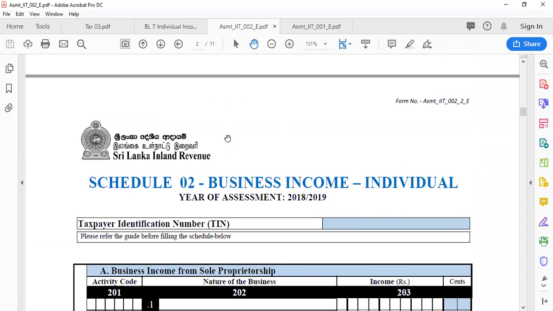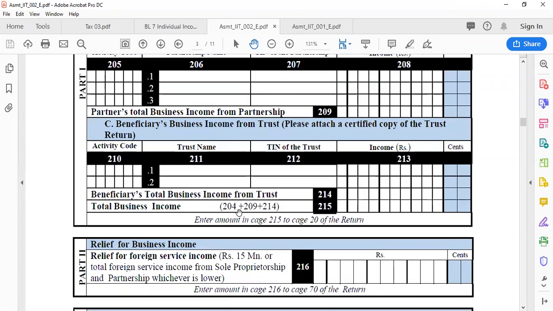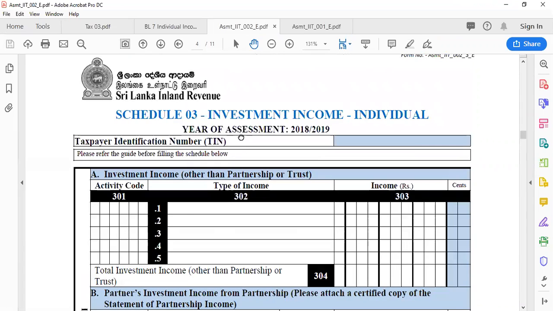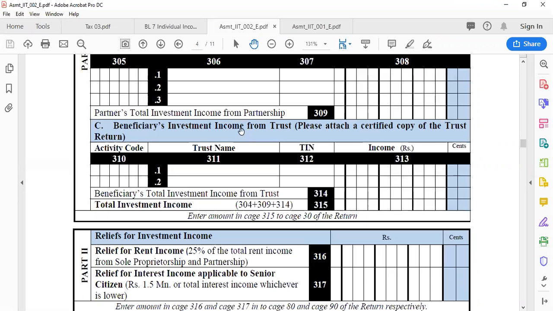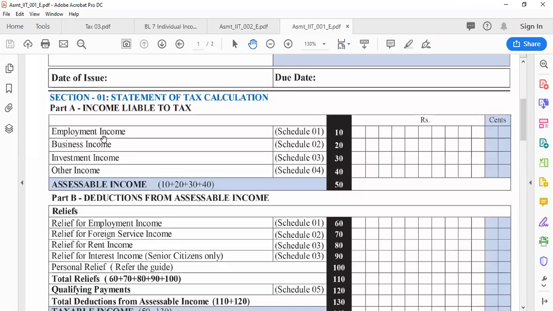And this is business income, where we can find allowable expenditure, not allowable expenditure, that sort of thing. And here, investment income. So we have studied all the adjustments.